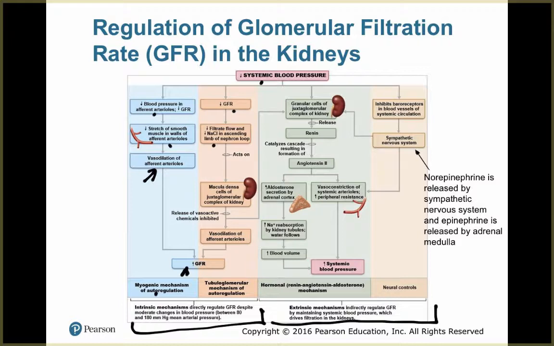And so this acts on the macula densa cells of the juxtaglomerular complex of the kidneys, the one that you find in the renal medulla area that have the longer loops.